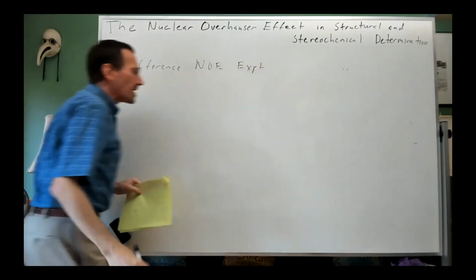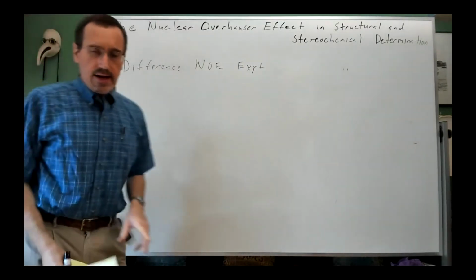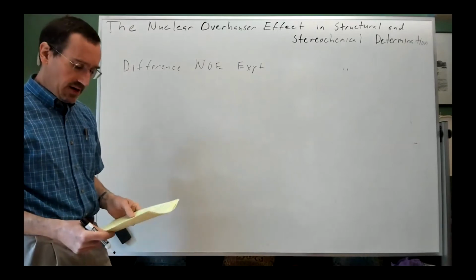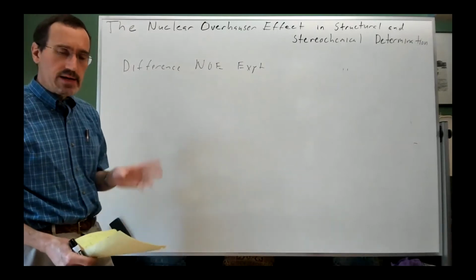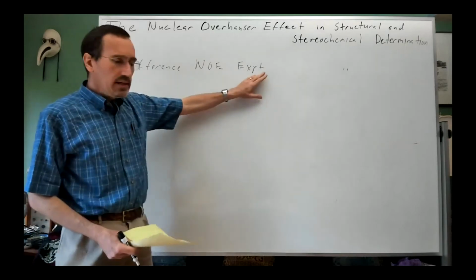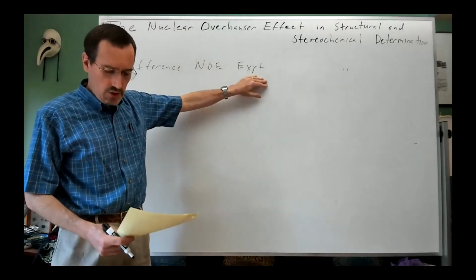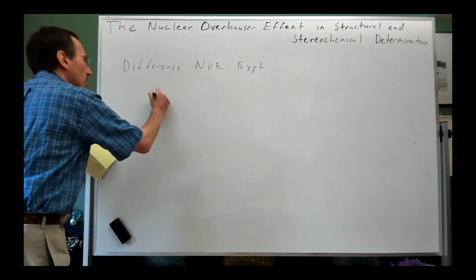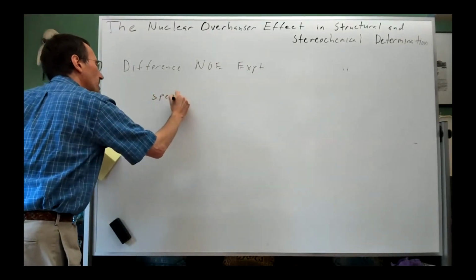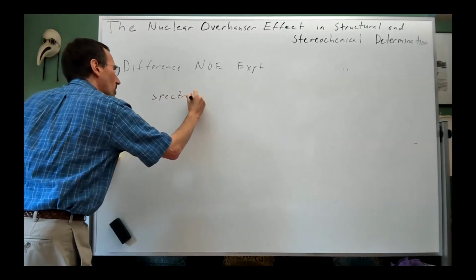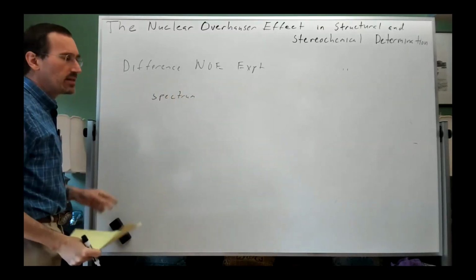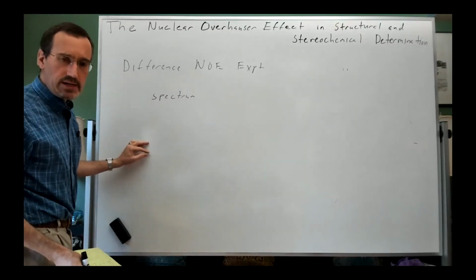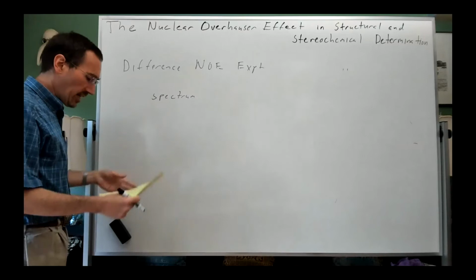This is not exactly what we do right now. What we do now is usually a gradient NOE experiment, a pulse field gradient NOE experiment. But I think it's a little easier to explain and show the difference NOE experiment. Indeed, this is the type of thing you'll be looking at, regardless of whether we're talking gradient NOEs or difference NOE.